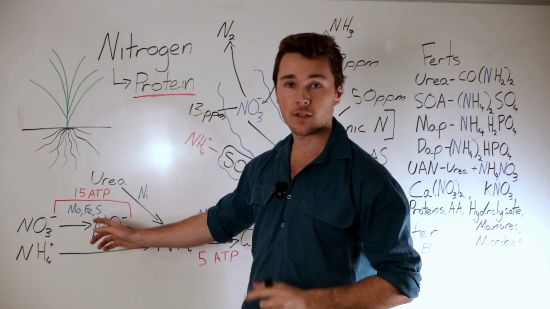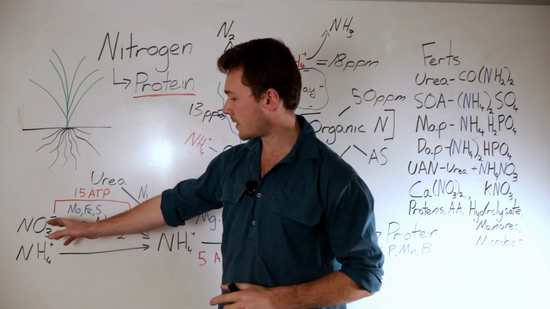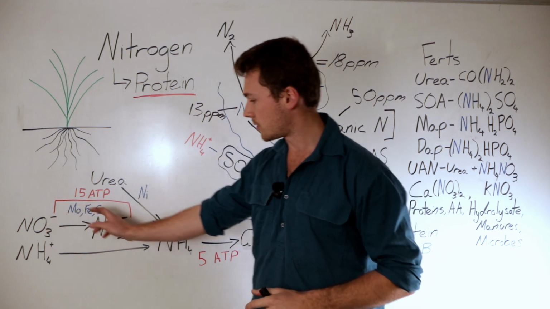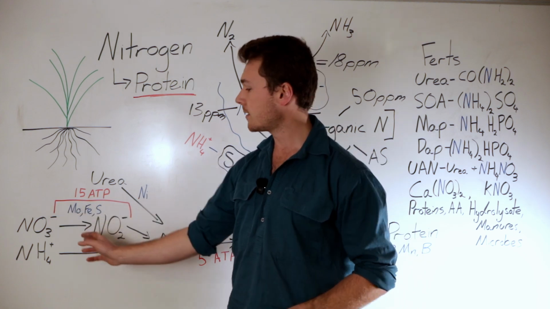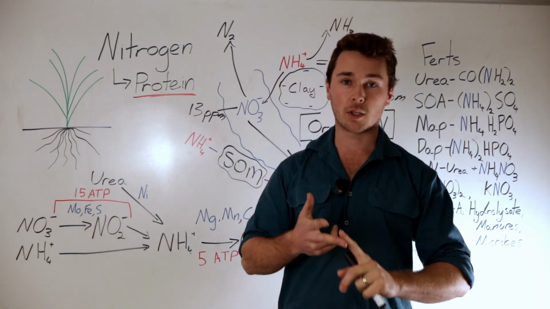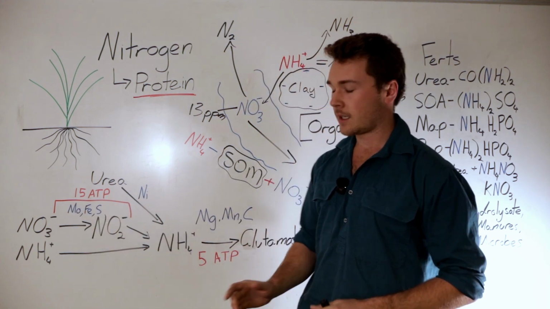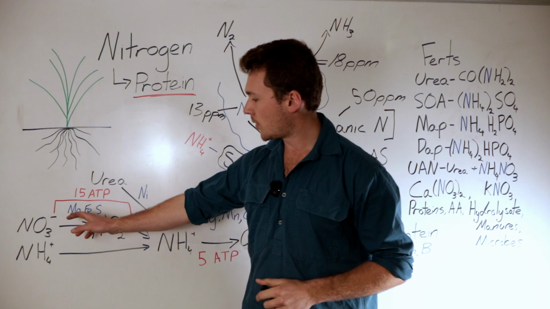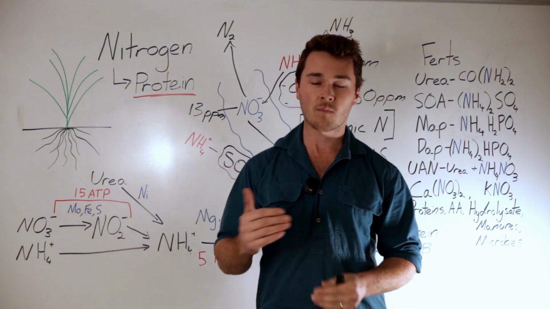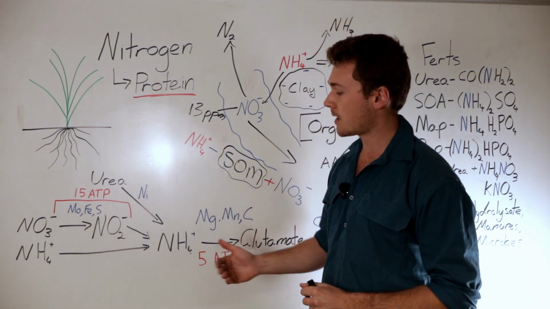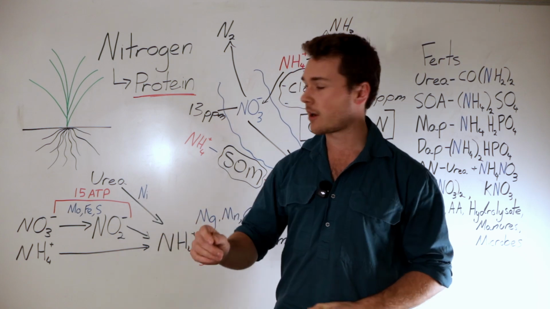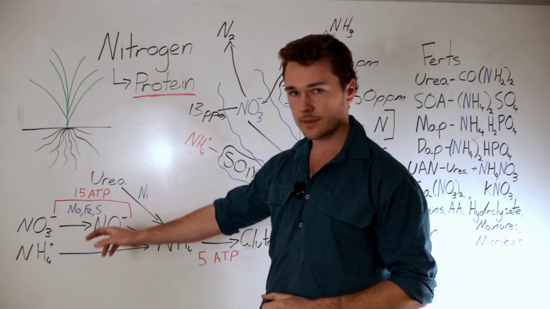Now for this to occur, there's two enzymes. The first one is the one that takes our nitrate into nitrite, and that's nitrate reductase. This requires molybdenum, which is Mo, as well as iron in the actual enzyme. The most important is molybdenum, and typically soils tend to be deficient in that. And the second one is nitrite reductase, which requires iron and sulfur.